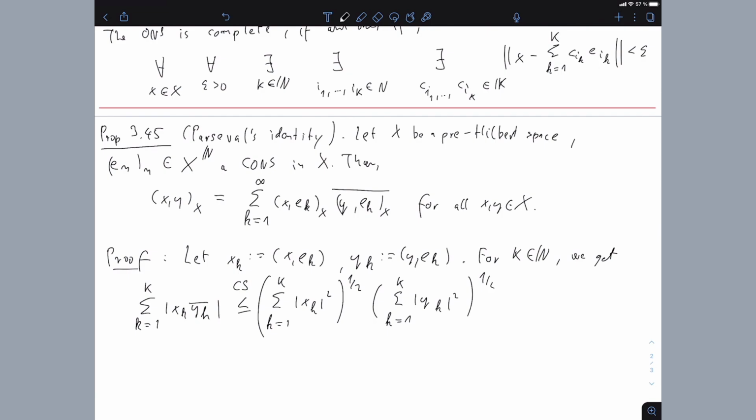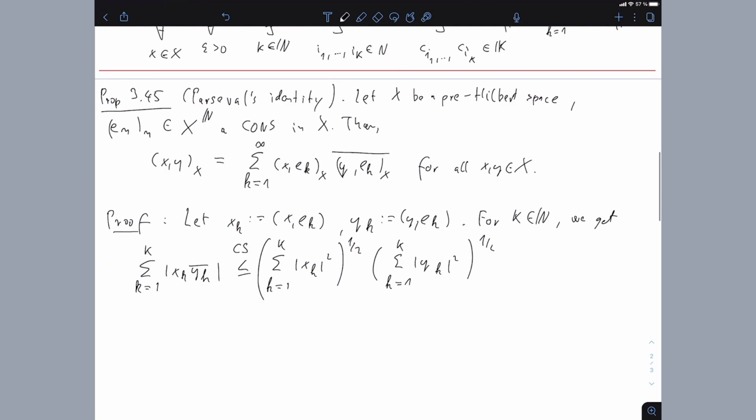So just applying Cauchy-Schwarz, we get this upper bound, but we also know that these two series will only get bigger if I sum to infinity.